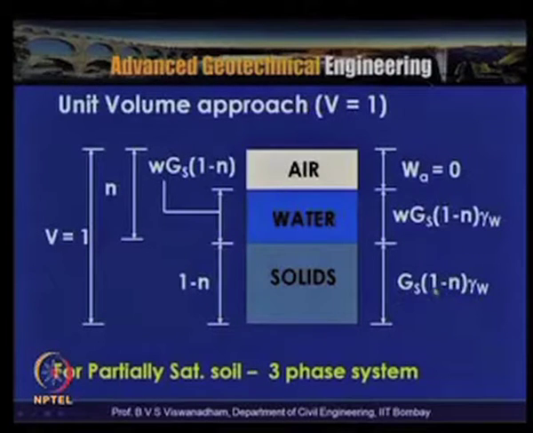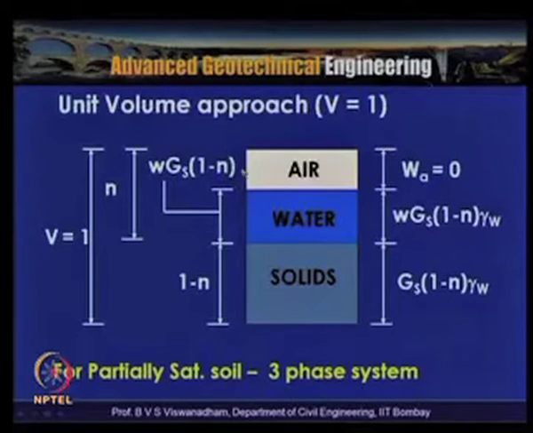So, the weight of the solids is given as Gs into 1 minus n into gamma w. Based on the water content definition, we can write w into Gs into 1 minus n into gamma w. By taking gamma w out, we can write here the volume of water as W Gs into 1 minus n.